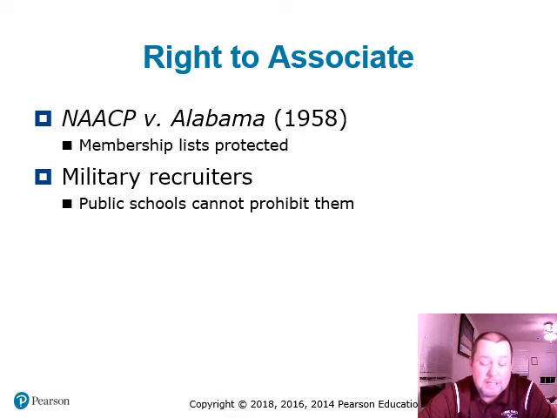Some people would like to see that stop, but that's something that has been deemed permissible. Right to associate also allows for some limitations, and I think the case was Dale versus the Boy Scouts of America as to whether or not associations could limit membership based upon certain things.